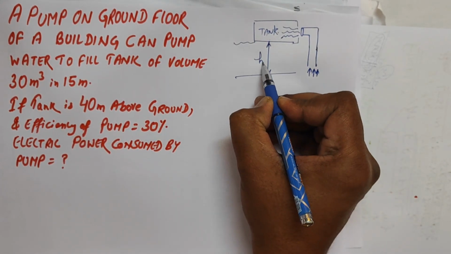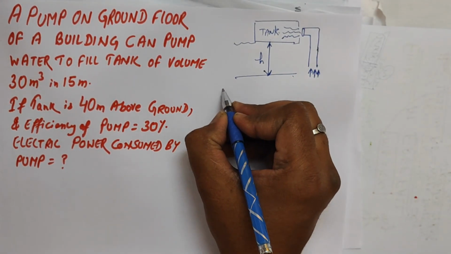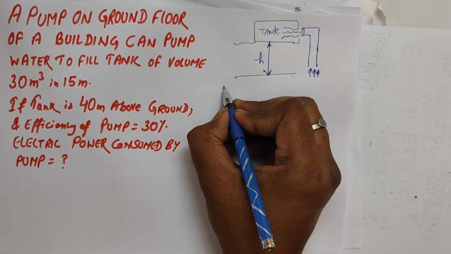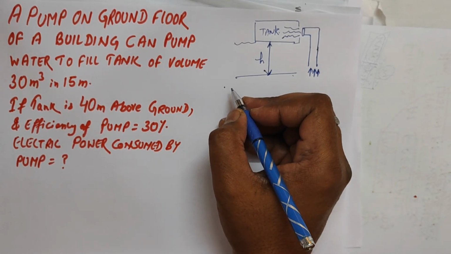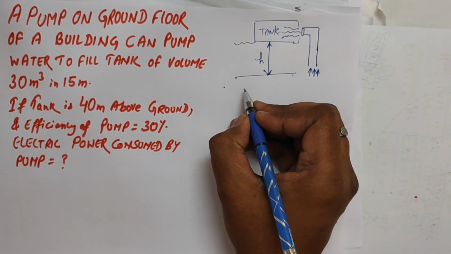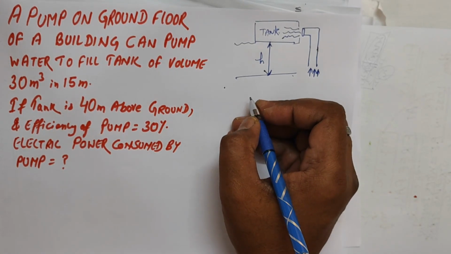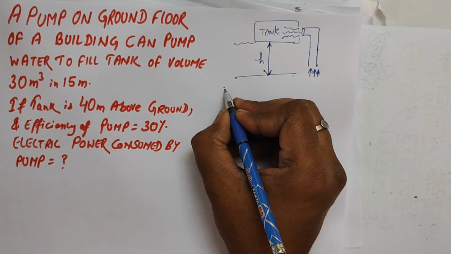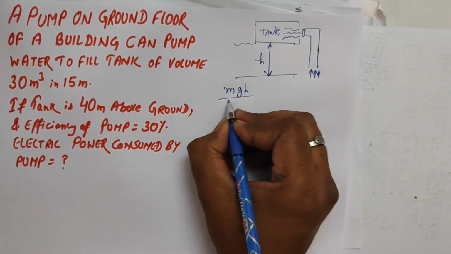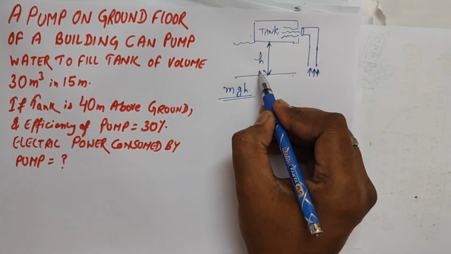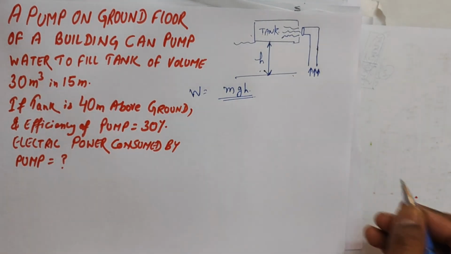That is, when the water is lifted up to height h, the work done will be equal to mgh, right? Because water is stored up to height h, so this will be the work.